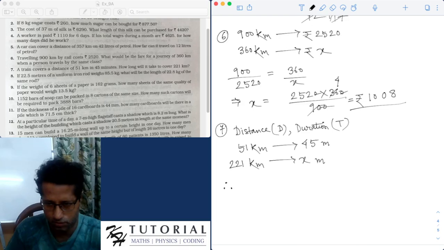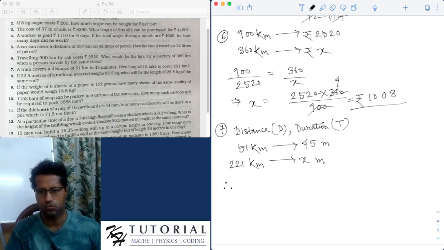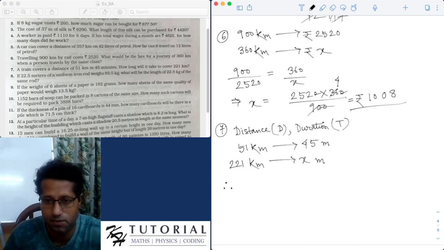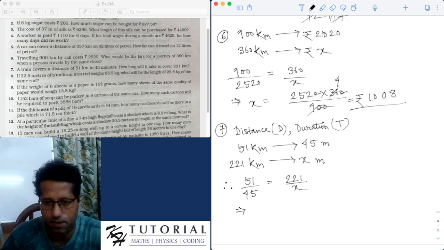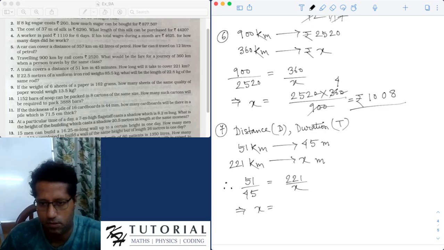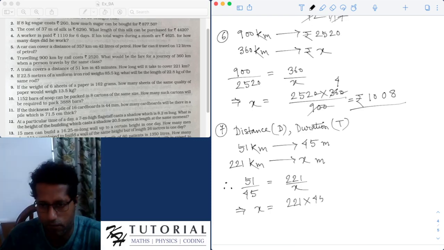Therefore, we can say, using the concept of two quantities in direct proportion, their ratio remains the same. We can say that 51 by 45 equals 221 by x. This implies, from this we can say that x equals 221 multiplied by 45 divided by 51.